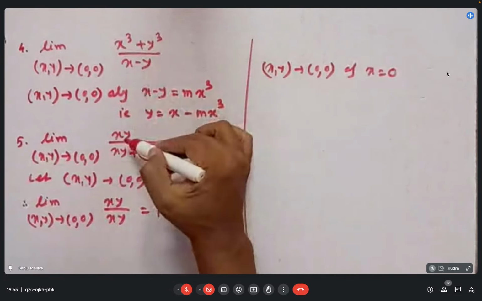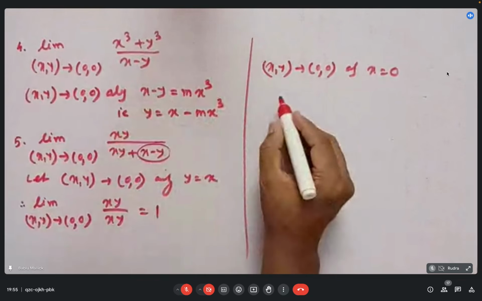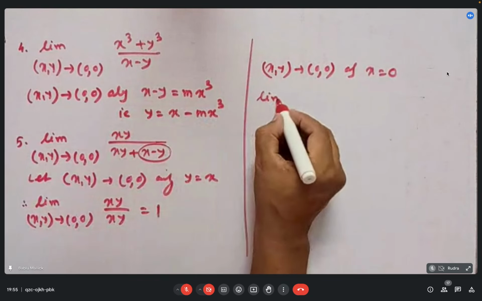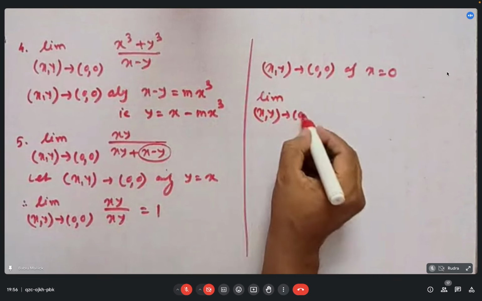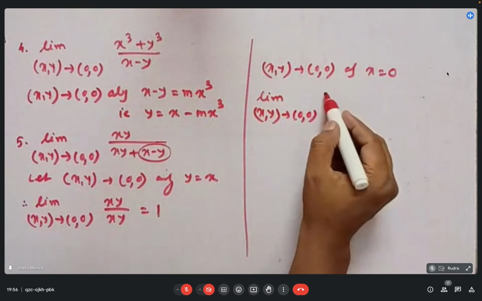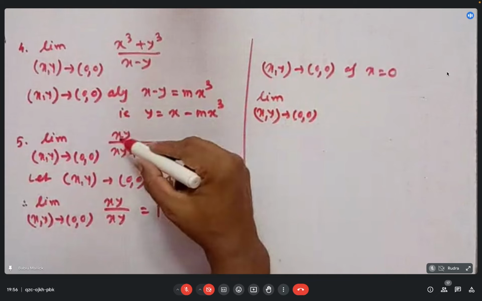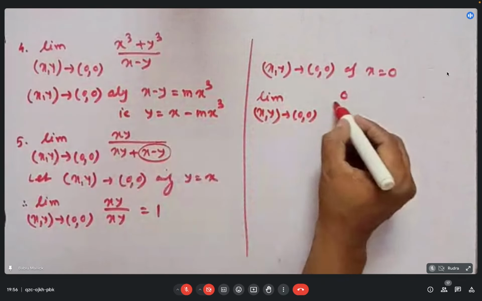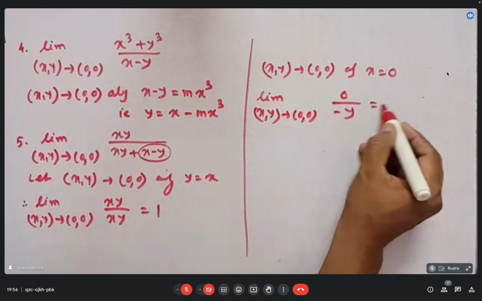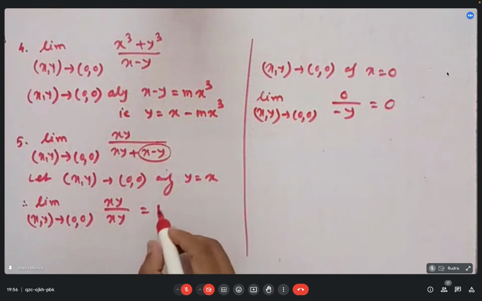If I put x equal to 0 here, what are you getting? Then limit (x, y) tends to (0, 0) of xy, if I put x equal to 0 here, then ultimately we are getting 0 minus y, that is 0.